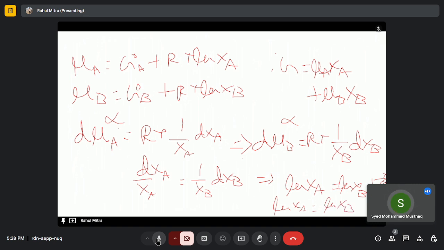Now if you are talking in terms of activities, then activity of A will be equal to activity of B. So this is how the activities are equal for different elements in a single phase if the two phases are in equilibrium, right?